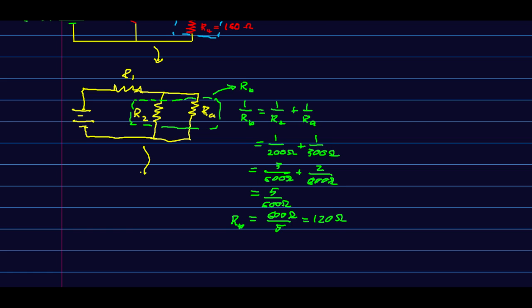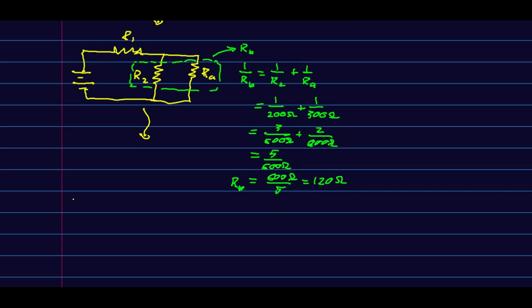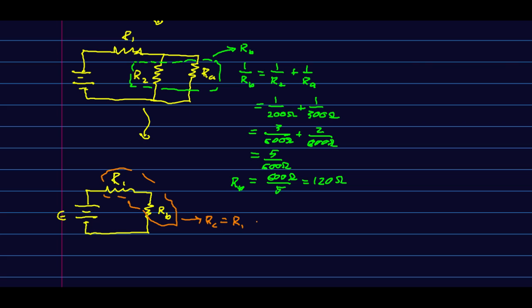At this stage now, having done that simplification, the circuit is now, and those are in series, and so we can combine those into an RC, which is nothing more than R1 plus RB.